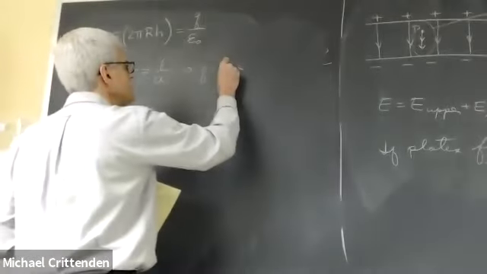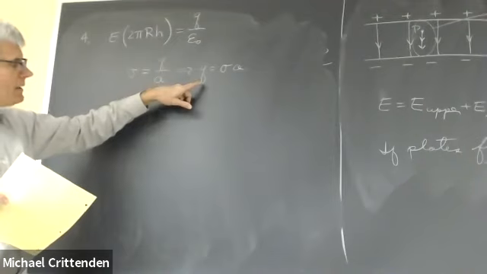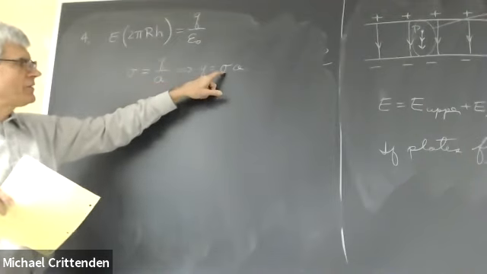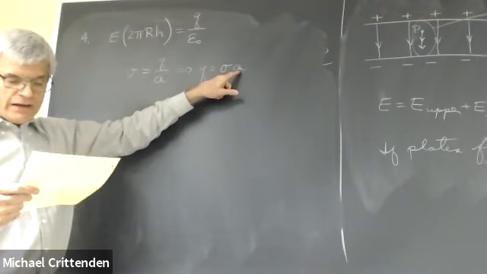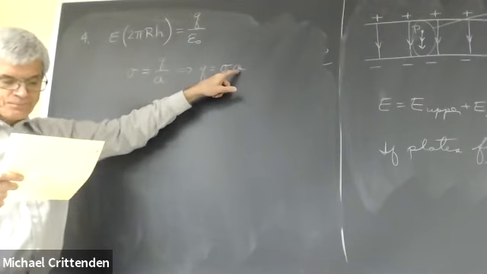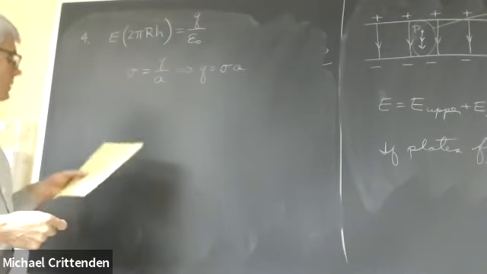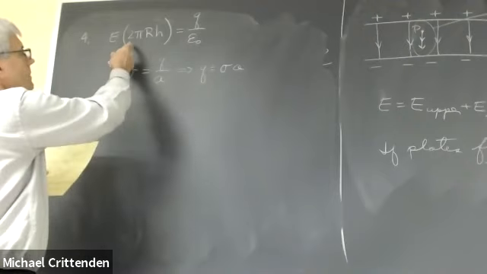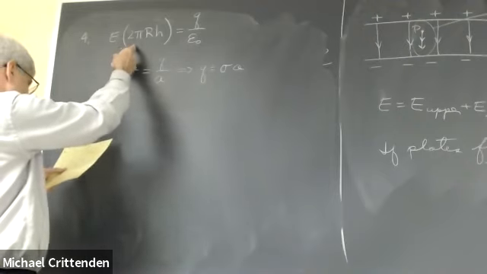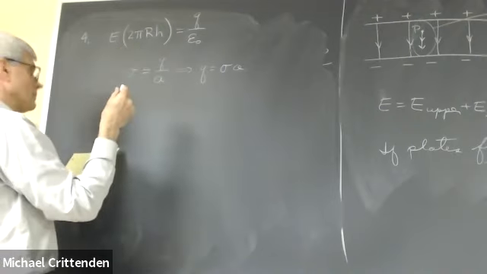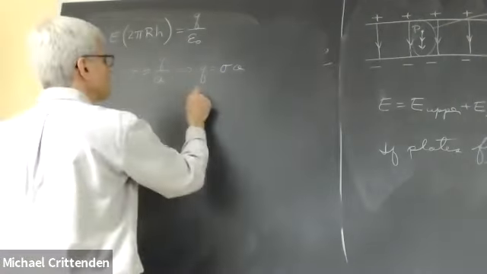Sigma is the charge per unit area. Multiply both sides by A, and the enclosed charge equals the charge density times the enclosed area of the pipe. Now, actually, let's do it this way.